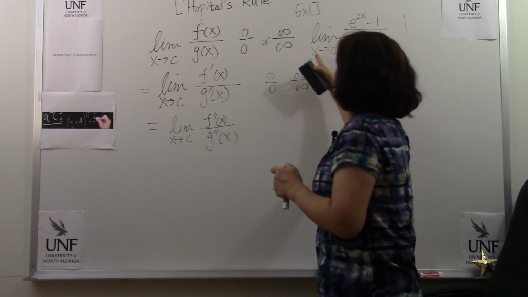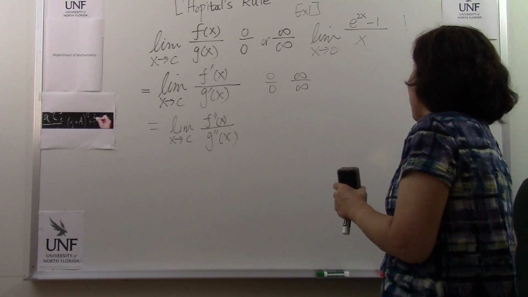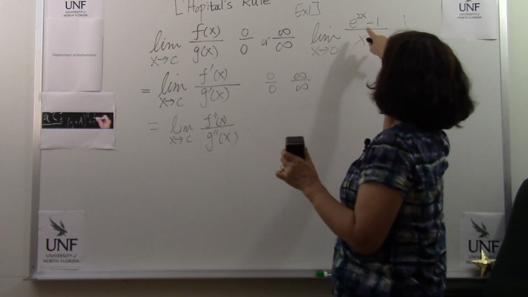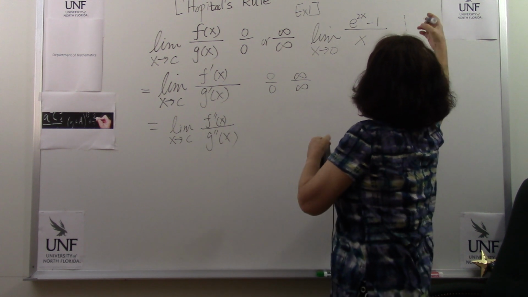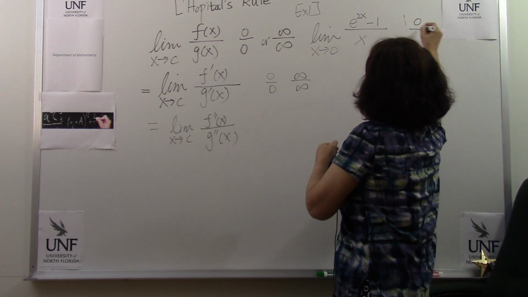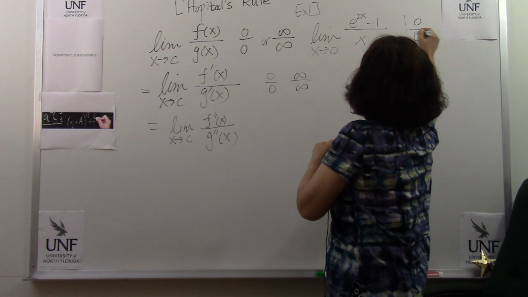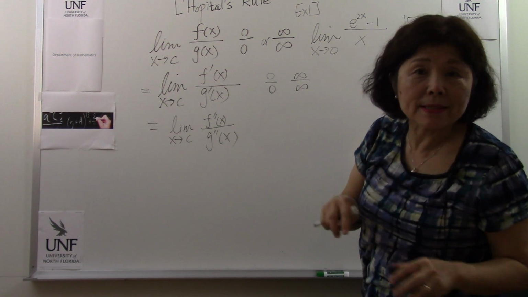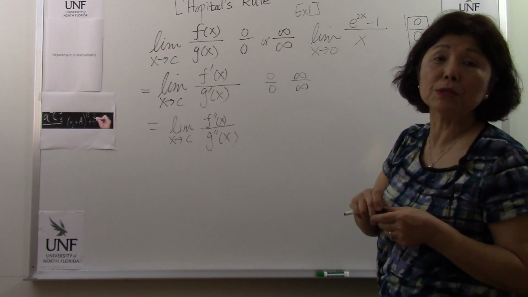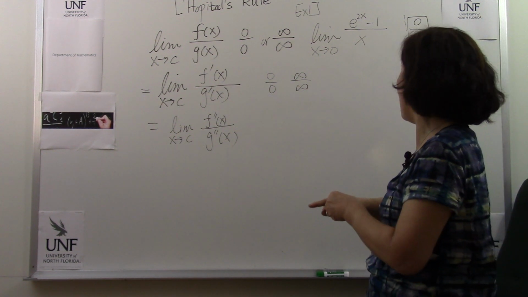Well, plug in, so as x goes to 0, so what's going on here? E to the 0, which is 1. 1 minus 1 is 0, and as x goes to 0. So therefore, this is indeterminate form. It's not flat 0, okay? It's a very, very small quantity, infinitesimally small.